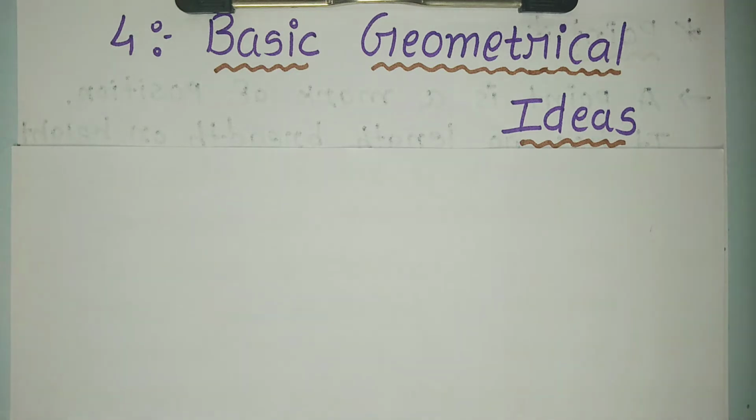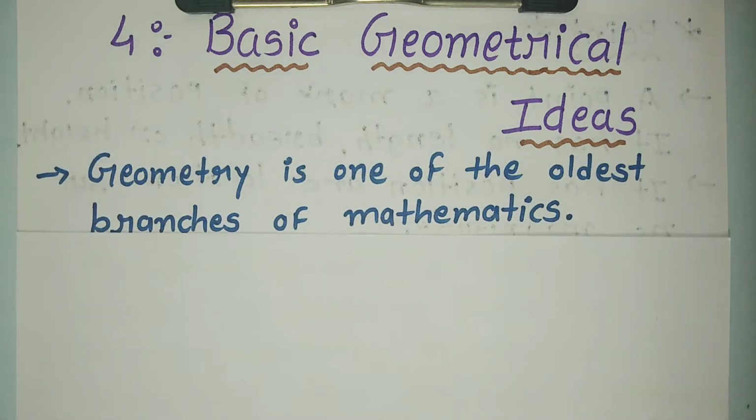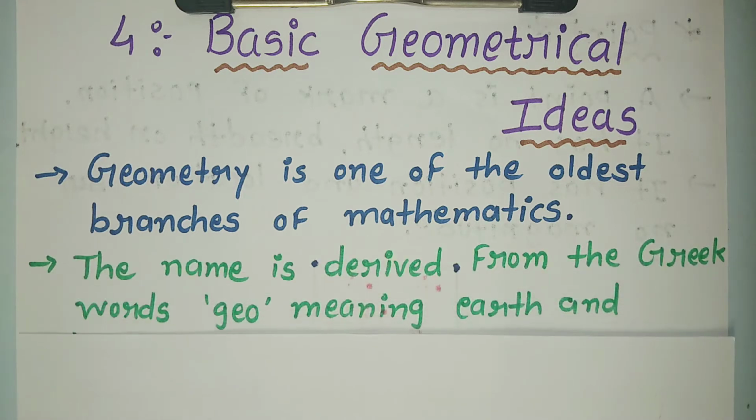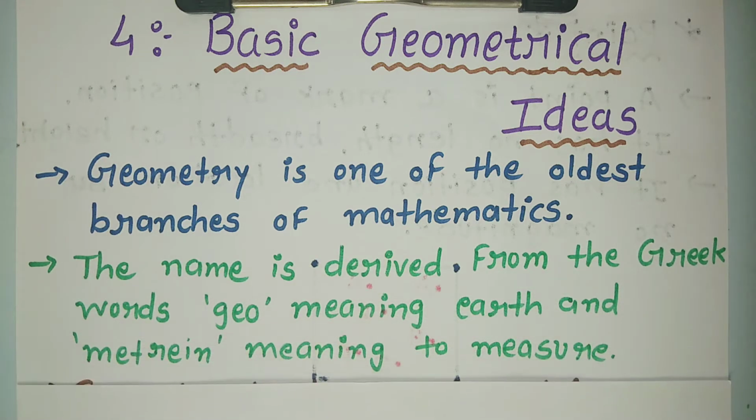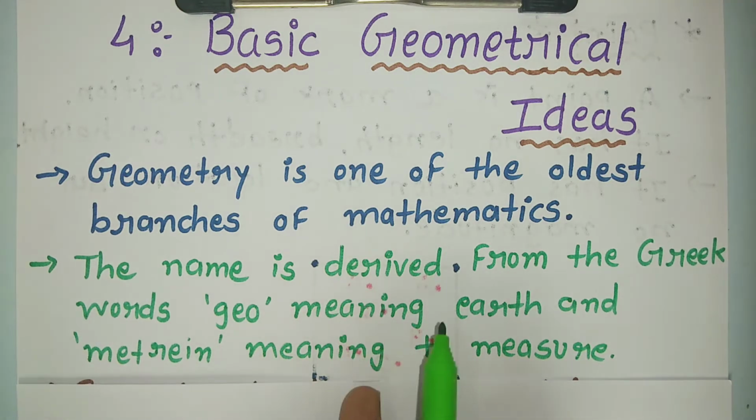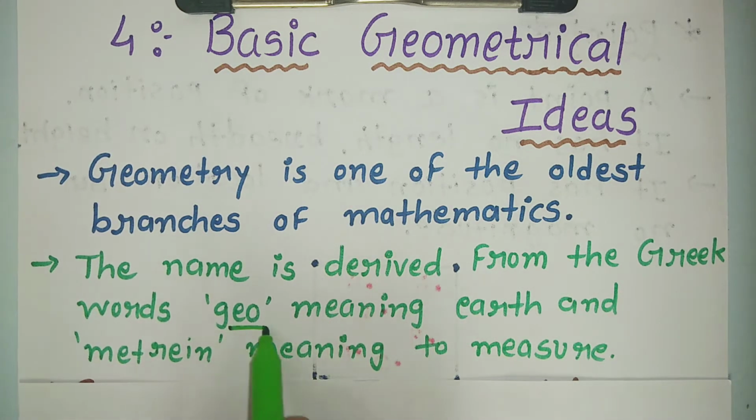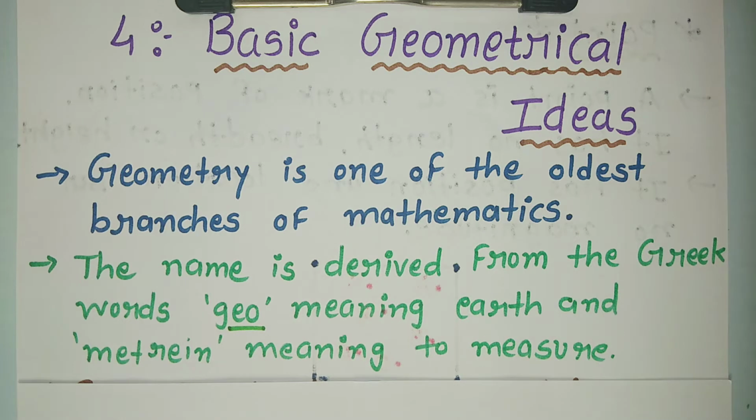Geometry is one of the oldest branches of mathematics. The name is derived from the Greek words geo meaning earth and metrin meaning to measure.